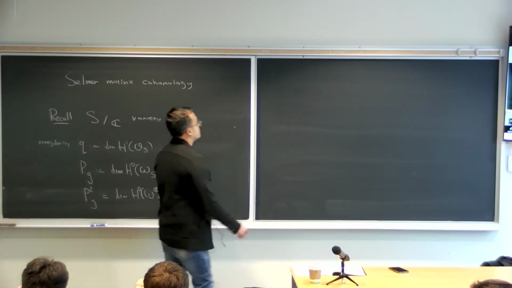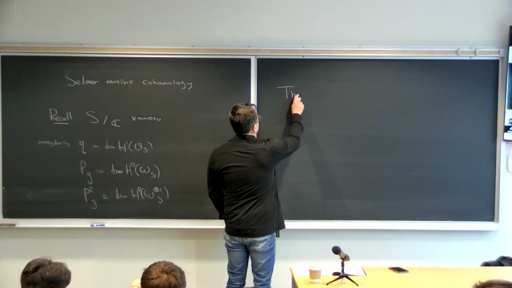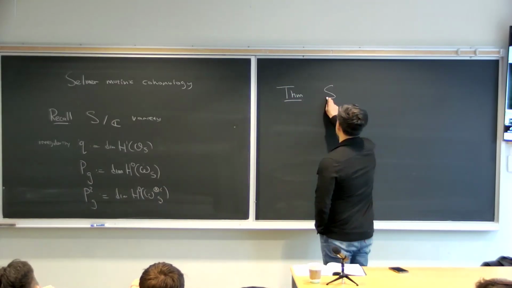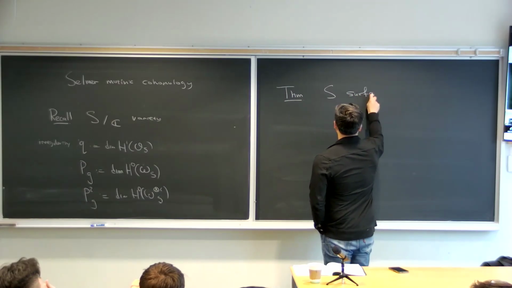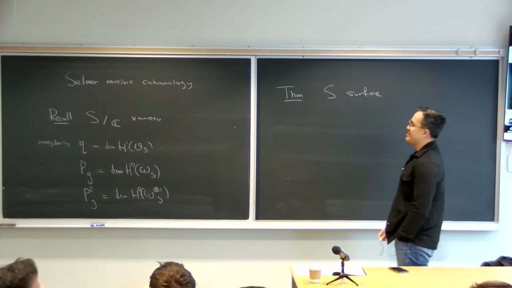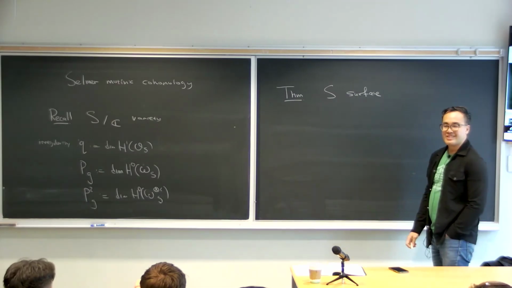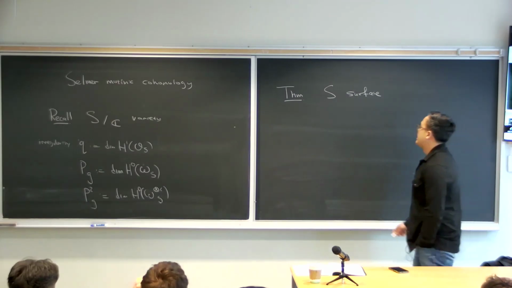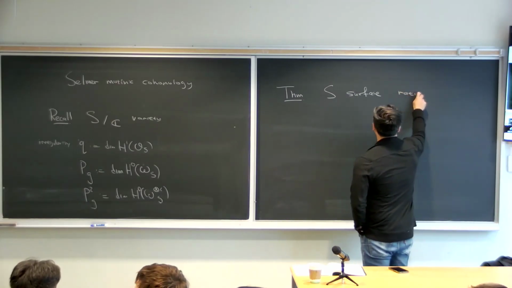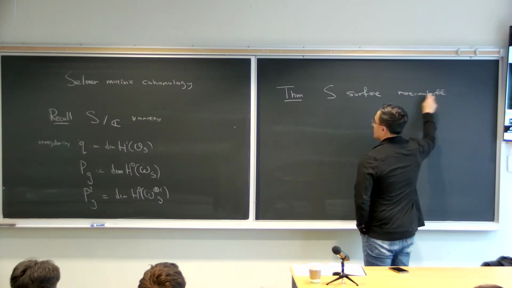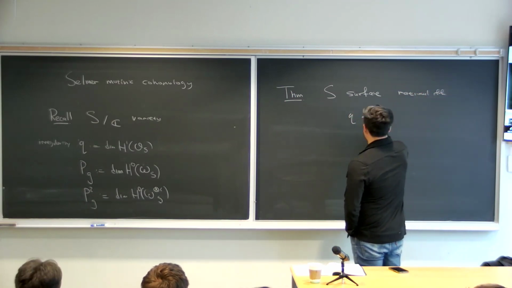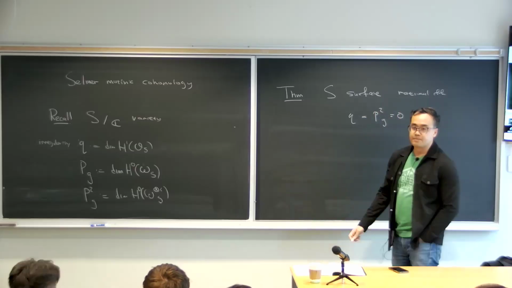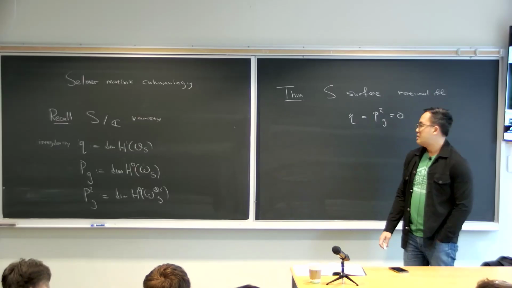The theorem proved by the Italian school is that if S is a surface, so an algebraic complex manifold of complex dimension two, real dimension four, then S is rational if and only if the irregularity equals the second plurigenus equals zero.